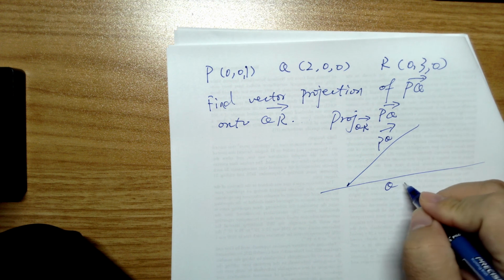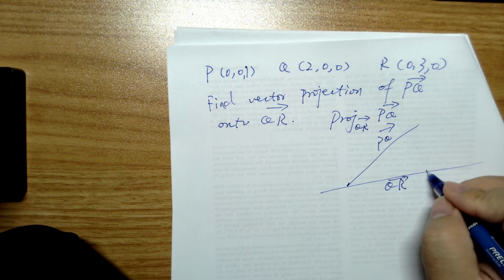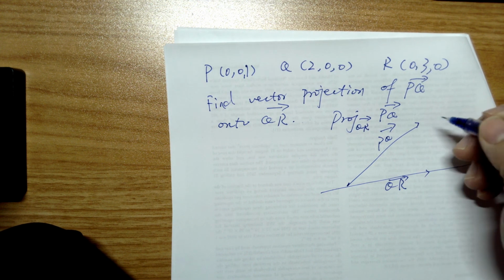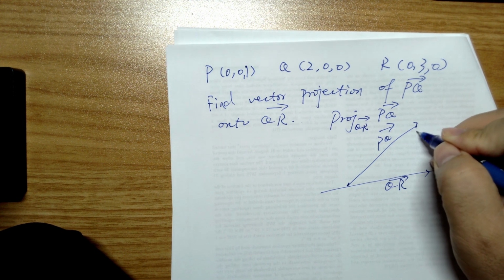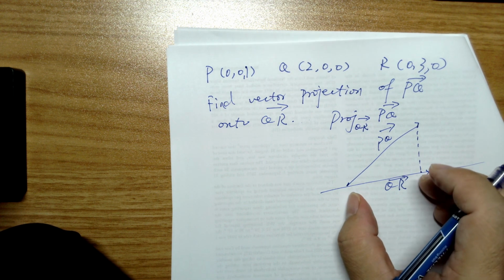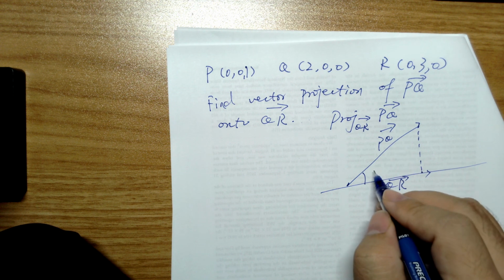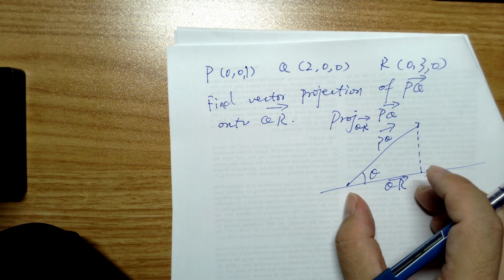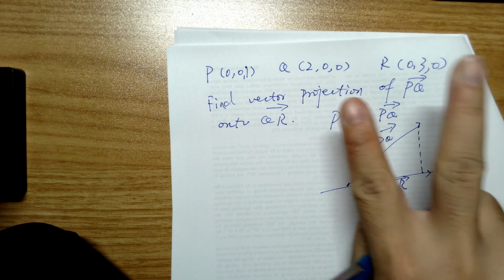Suppose this is vector QR here. And I'm looking for the projection. First of all, it is itself also a vector. So this projection vector has two components.